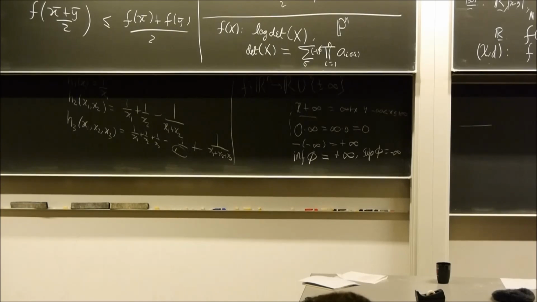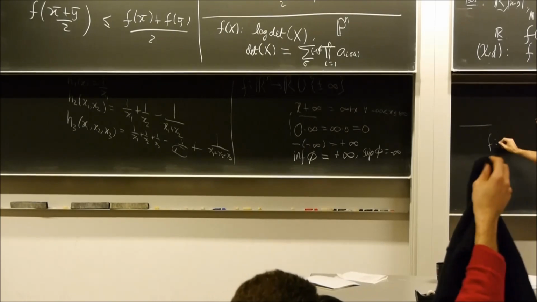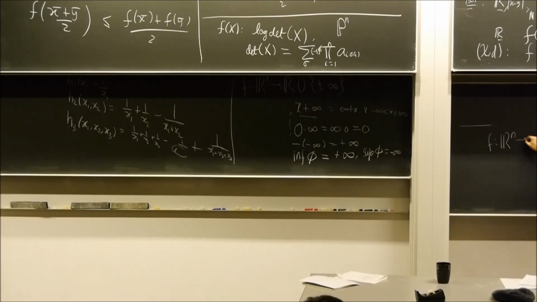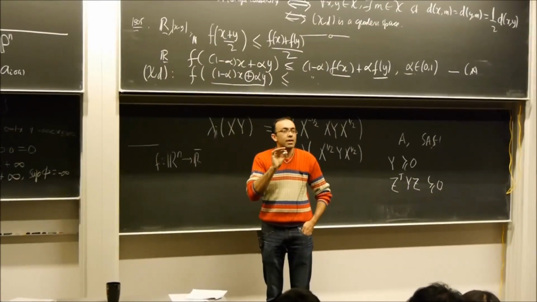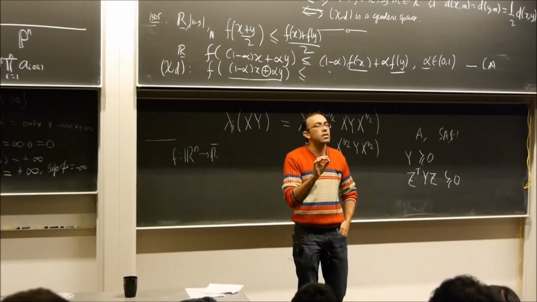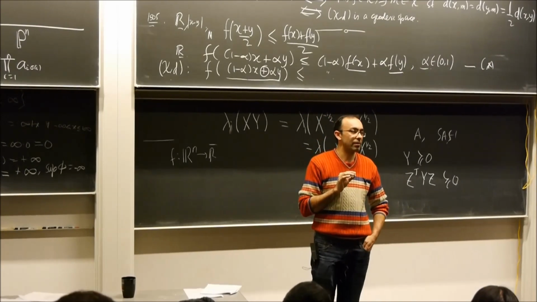So typically, what we'll do now is we'll always have f defined on the entire R^n to this extended set of real numbers, and by the domain of f we mean the set on which f is smaller than plus infinity.